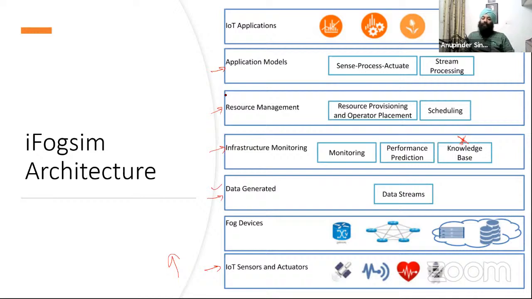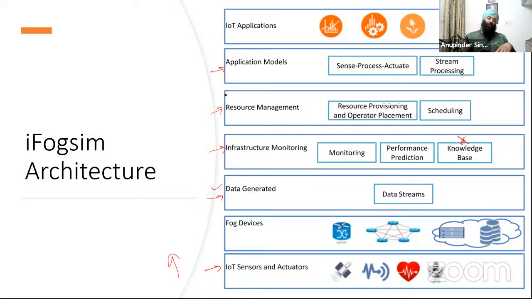Whereas the other one is stream processing. Stream processing basically happens between the application modules. It is not that some sensor is going to generate the tuple. It is the application module which is going to generate the tuple, and they talk to each other in terms of sharing data, right? So it's more or less distributed processing which is going to happen in that particular application model. That is what we are considering.